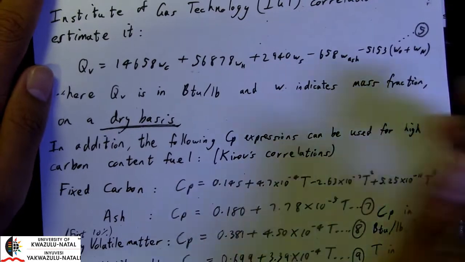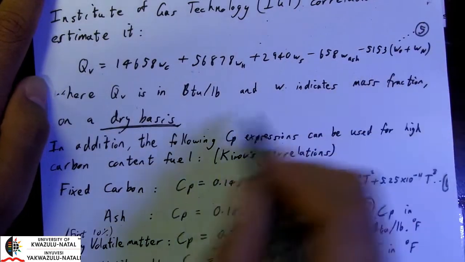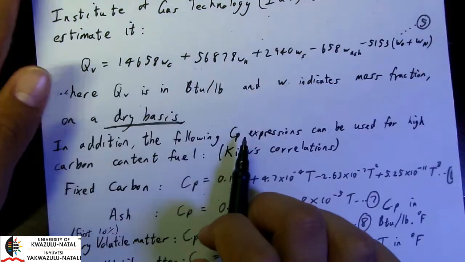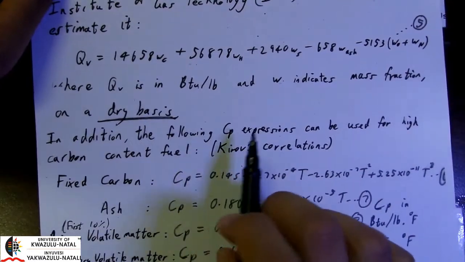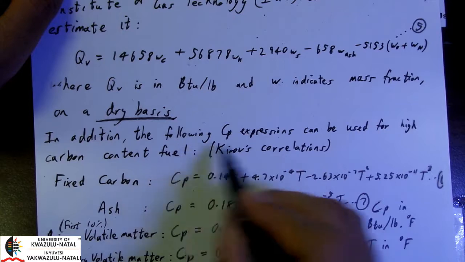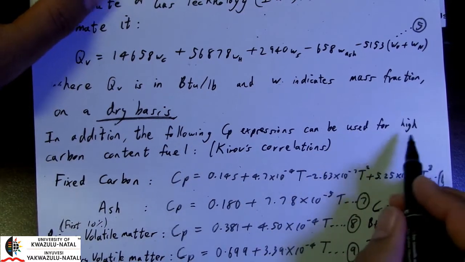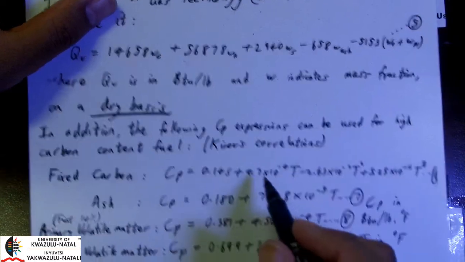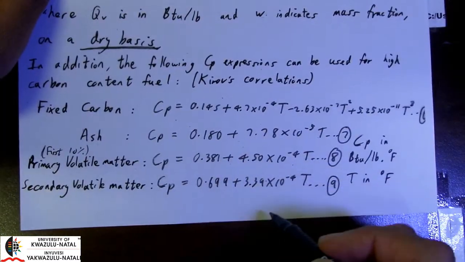A further approximation is also related to our heat capacities of our fuel, and we can actually approximate these heat capacity expressions using Kirov's correlations. And these are the correlations as shown.